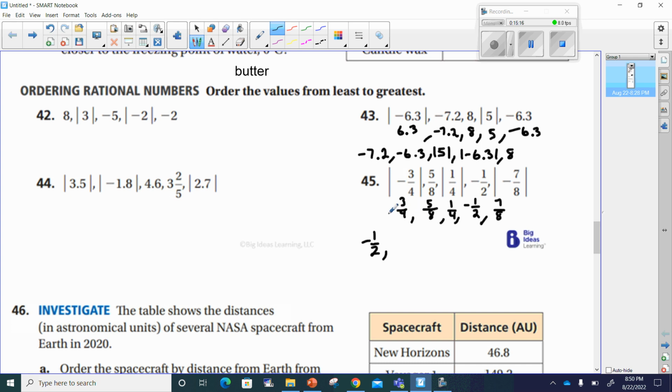So 3/4 is going to be equal to, we can multiply the bottom and top by 2, that'd be 6/8, right? 5/8 already has an 8 at the bottom. Then we can take 1/4, and this is going to be tricky here. 1/4, I can multiply the top and bottom by 2. This will end up being 2/8.